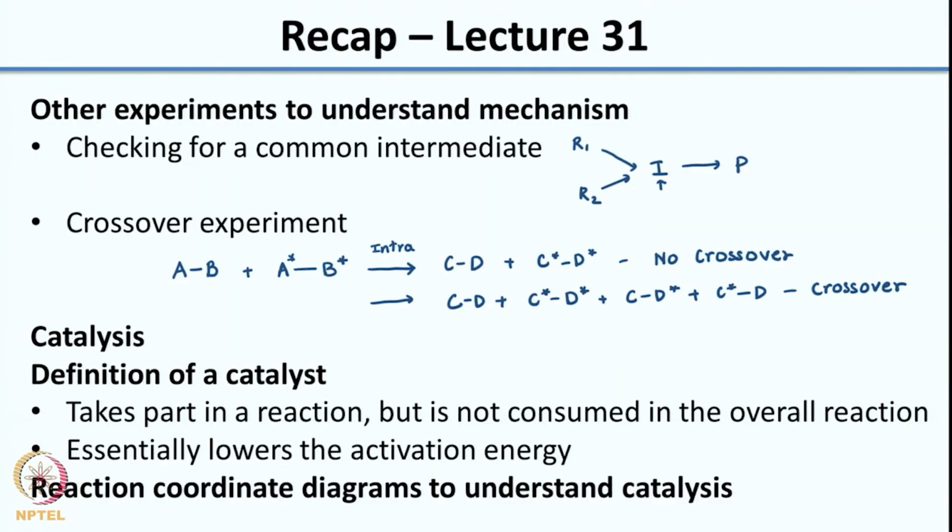Then towards the end of the class we started the topic of catalysis. We started with the definition of a catalyst. A catalyst is a molecule which takes part in the reaction but is not consumed in the overall reaction. Whatever the catalyst does during the reaction, by the end of the reaction you get back the catalyst.